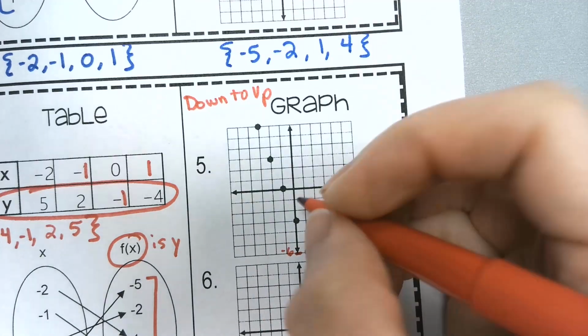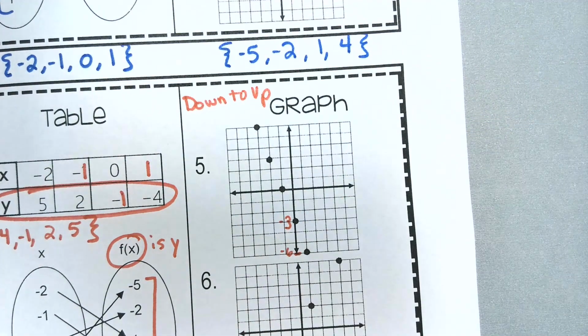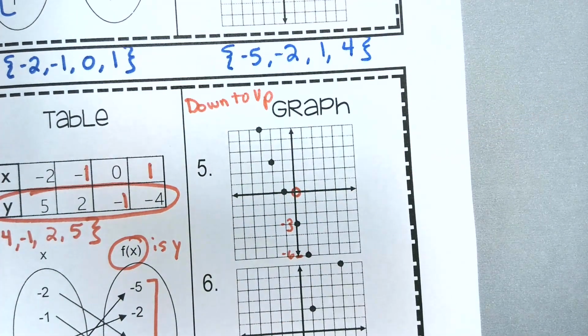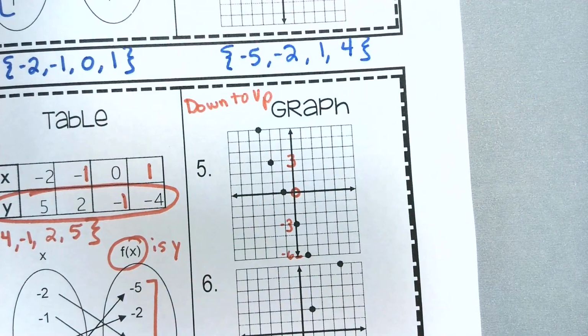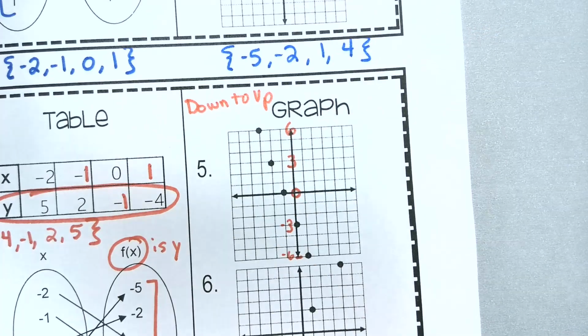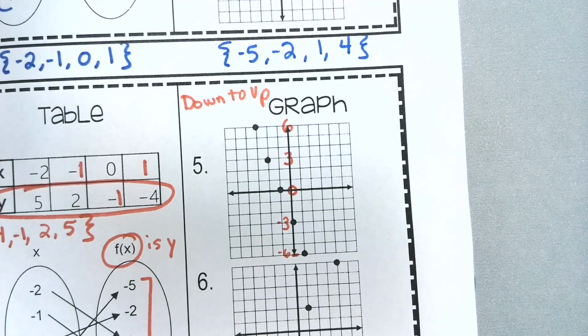The next one. -3. And then right in line with the axis. 0. Good. And then up. 3, and then up 6. So we're numbering the y-axis with all the points that correspond.